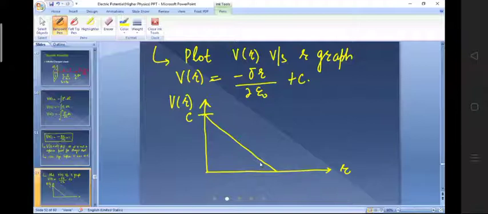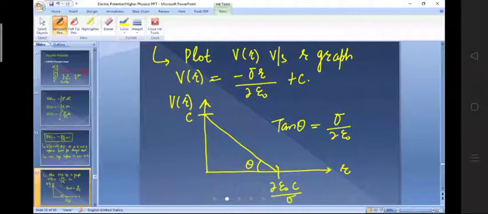And what about this point? This here is the slope, with angle theta, and tan theta is what you want to calculate, which will be equal to sigma divided by 2 epsilon naught. At this point, V of R is equal to 0, so sigma R divided by 2 epsilon 0 will be equal to C, and R will be equal to 2 epsilon naught multiplied by C divided by sigma.